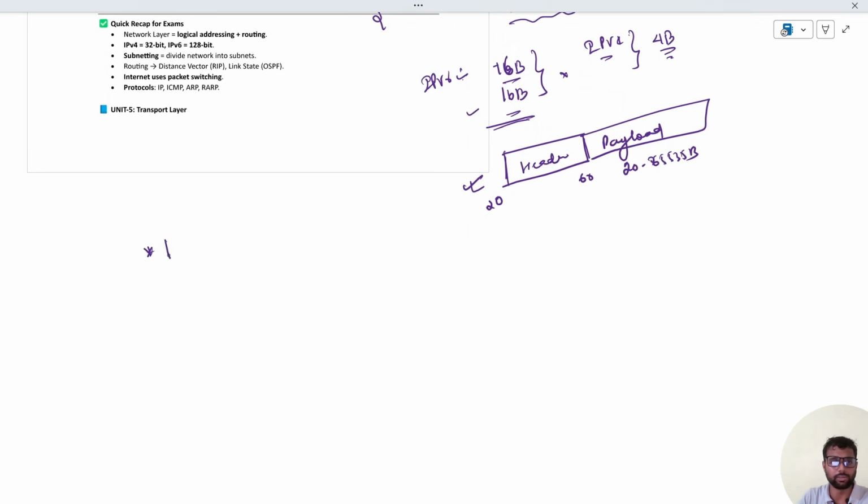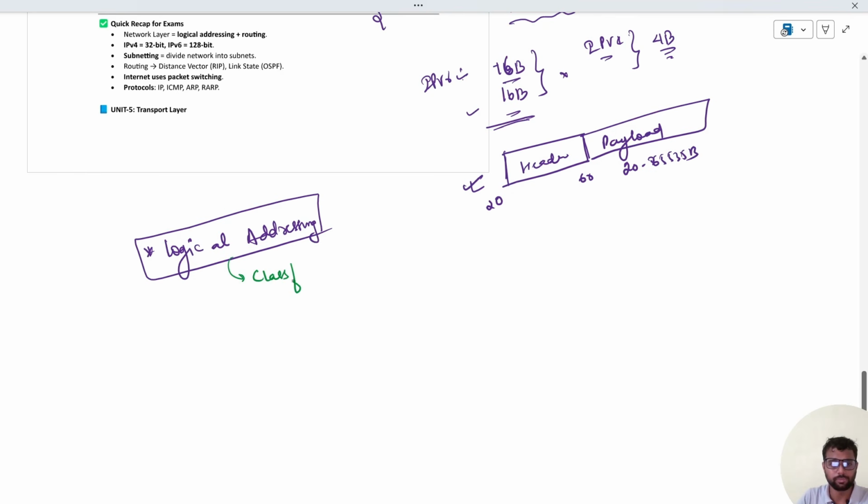What is logical addressing? See, there are basically two categories of logical addressing. One is called the classful, and another is what is known as the classless.